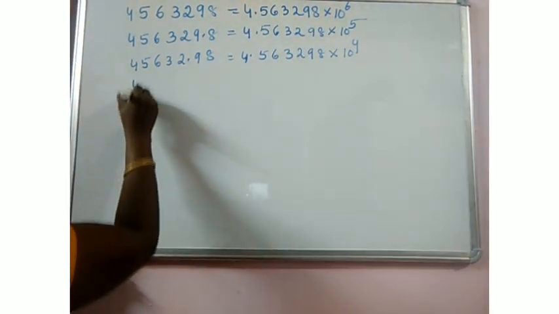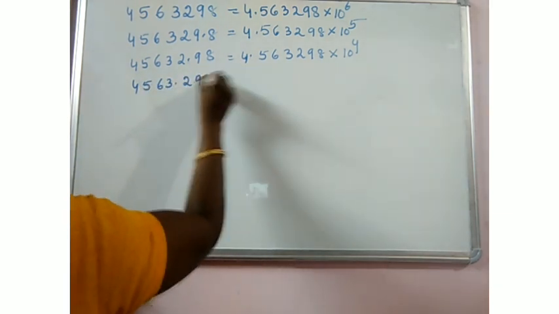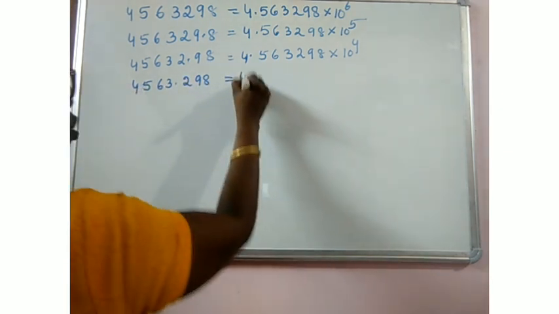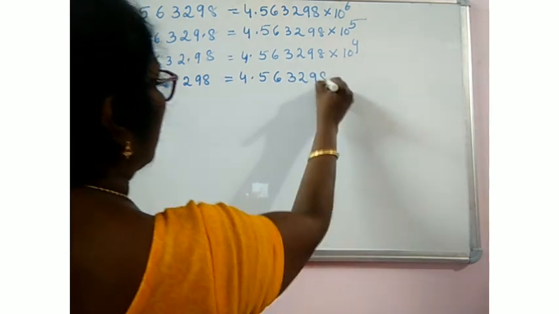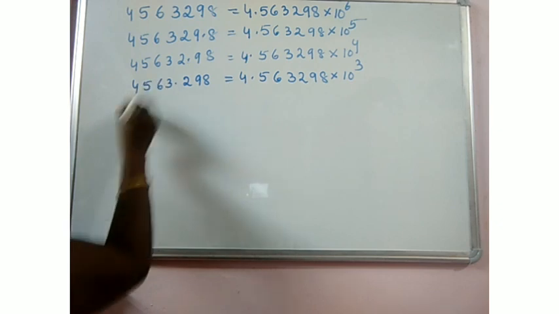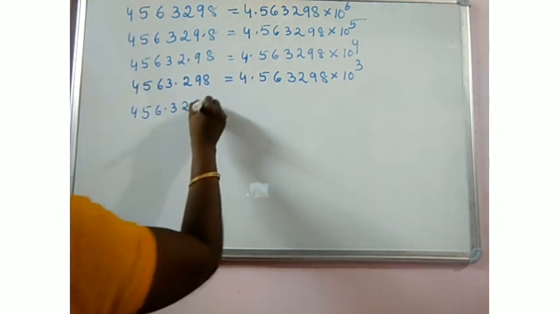Now suppose the decimal is here: 456.3298. Then the decimal has to move 3 places, so 4.563298 into 10 to the power 3. Again, suppose the number is 45.63298.